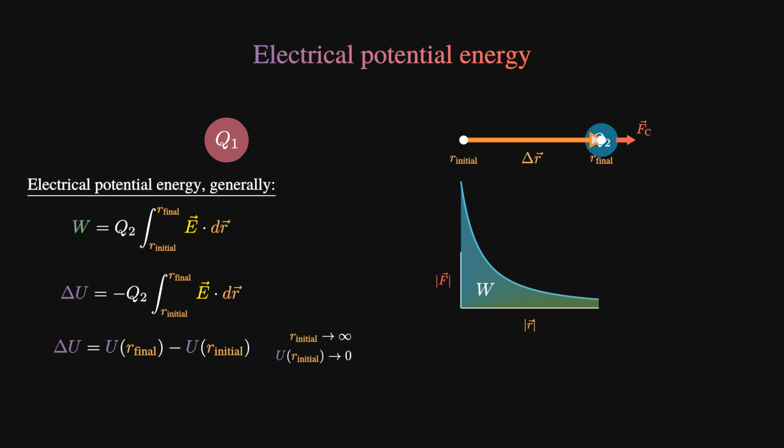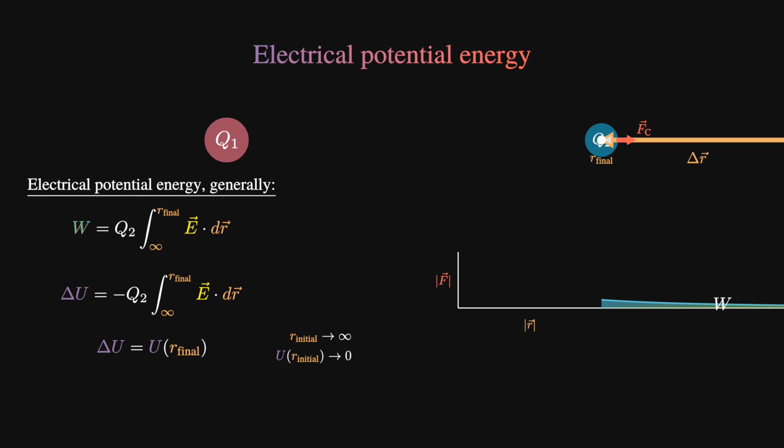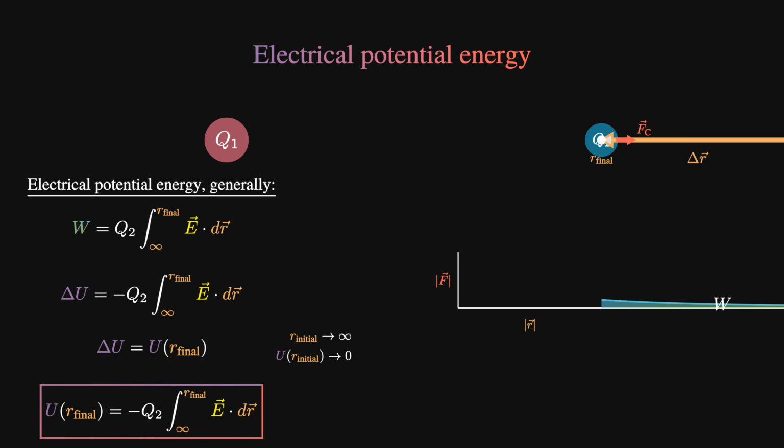Therefore, if we set R initial to be infinity, we can say that the potential energy there is zero. So, our change in potential energy would now just be equal to the potential energy at R final. Substituting this in, we get the potential energy at R final equals minus Q2 times the integral of E dot dr from infinity to the position R final.